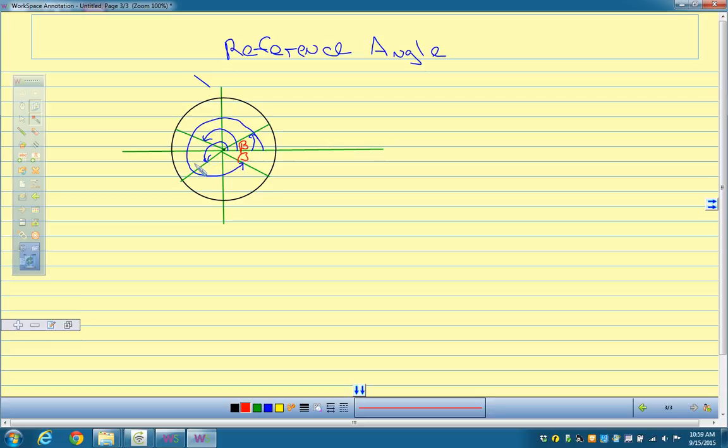The reference angle is the positive angle that theta makes with the x-axis. I'll write that down.